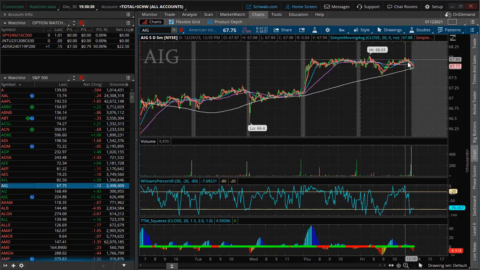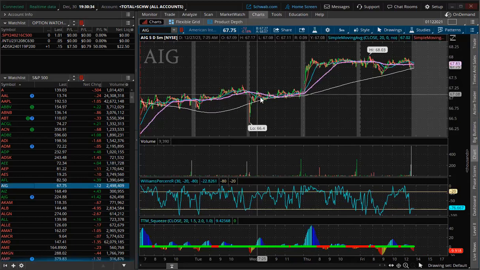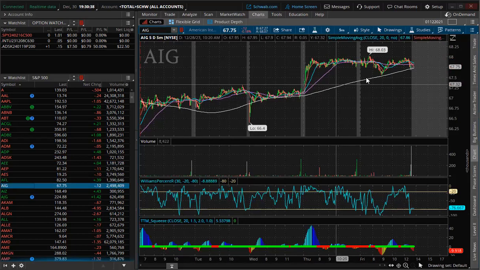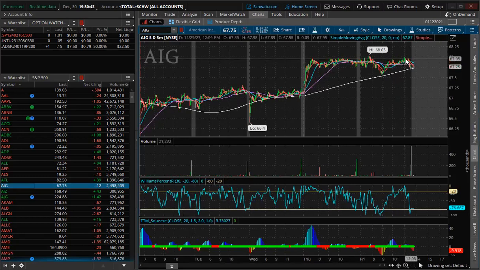And it looks like it's doing that twice. And looks like it's even doing it along here too. So that 200 simple moving average is support. And the price has a tough time trying to go through it further down.